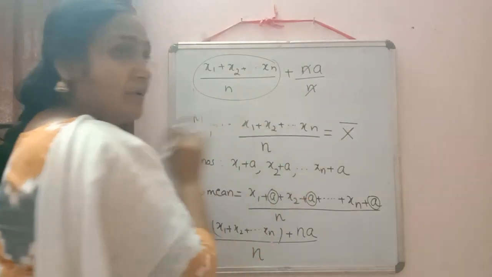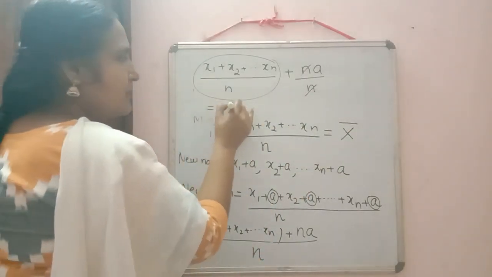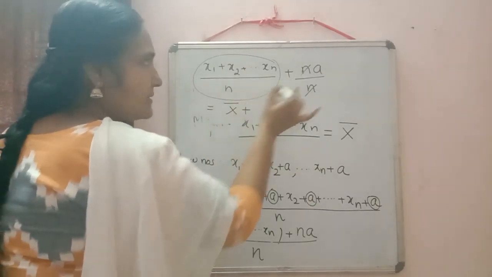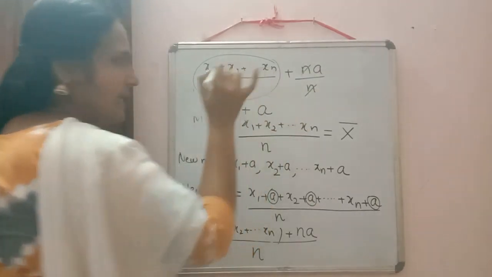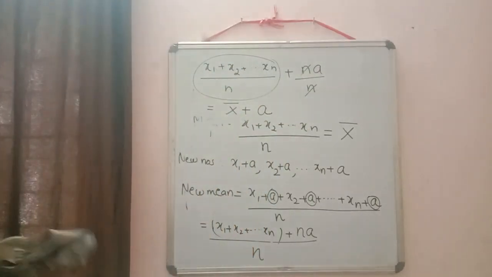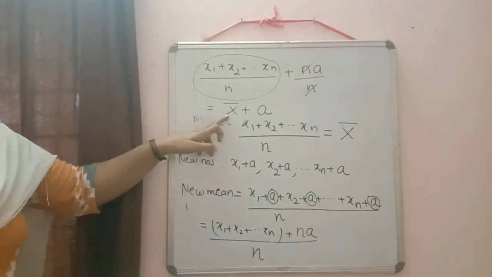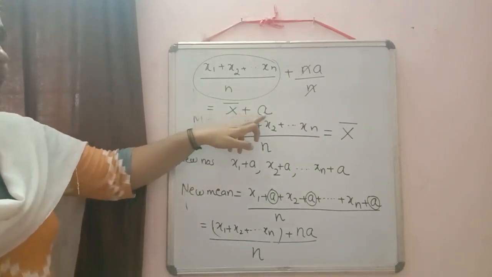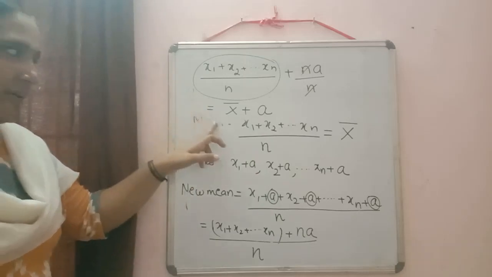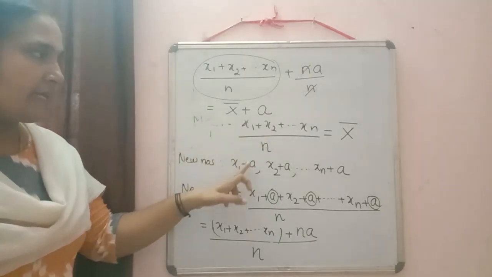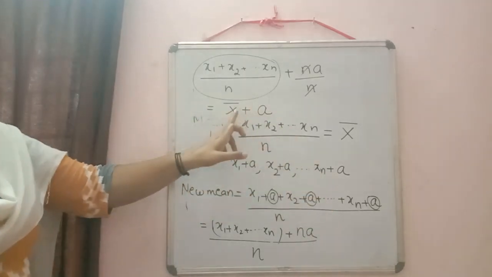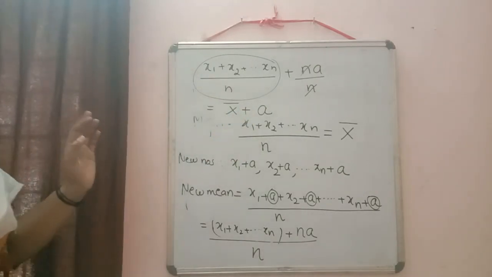That is equal to x bar. So here it will be equal to x bar plus, what is the extra thing we are getting? A. So what is the meaning of this one? Just to check, your mean is also get added by a. So if each observation is increased by a, mean also will be increased by a.